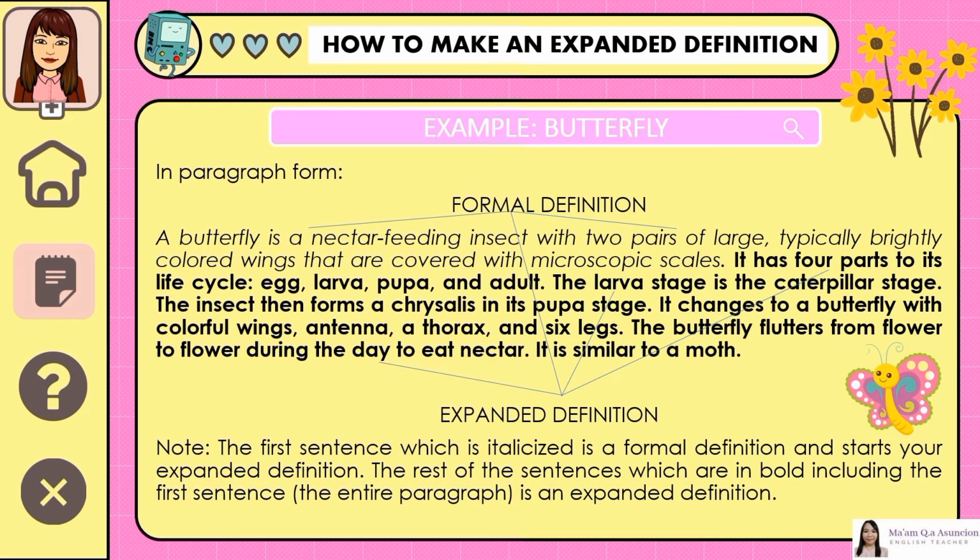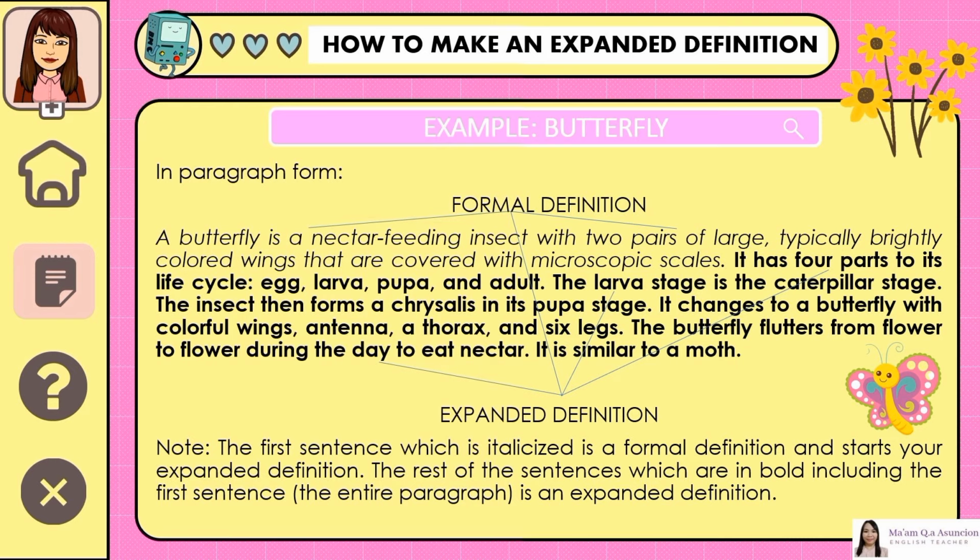The insect then forms a chrysalis in its pupa stage. It changes to a butterfly with colorful wings, antenna, a thorax, and 6 legs. The butterfly flutters from flower to flower during the day to eat nectar. It is similar to a moth.